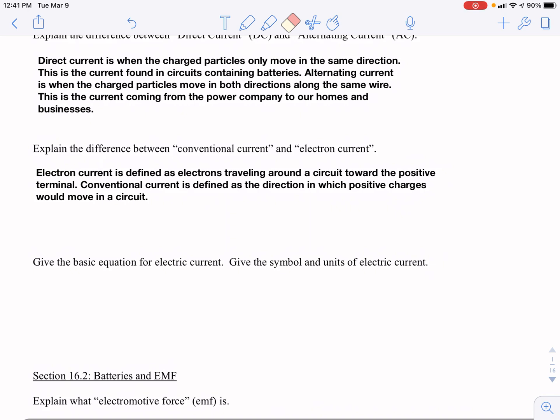Electron current is defined as the electrons traveling from the negative terminal and attracted to the positive terminal of the battery. Conventional current, which is what we will use to study electric circuits, is defined as the direction in which positive charges would be flowing, if positive charges indeed would flow. It's a convention that has stood for over 200 years, and we still use it.